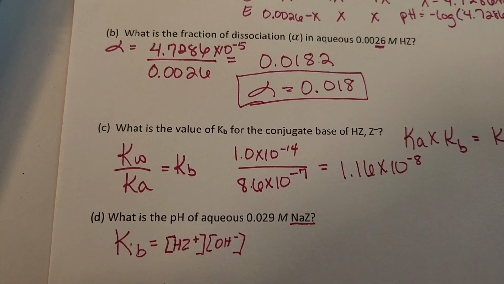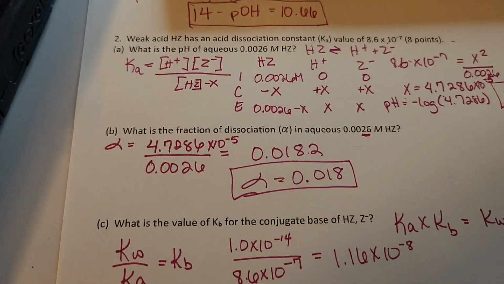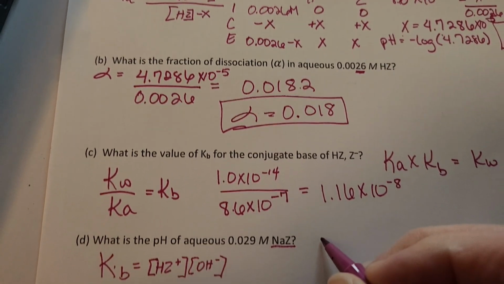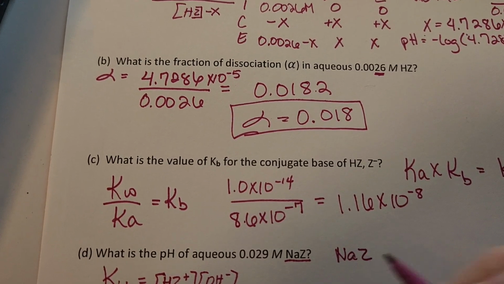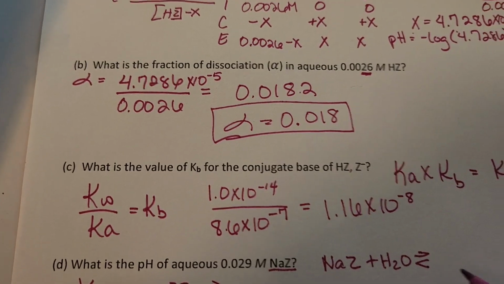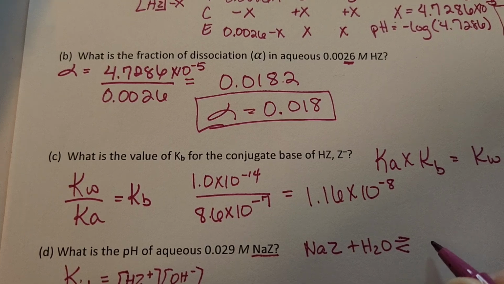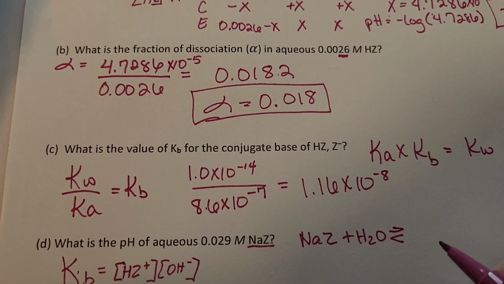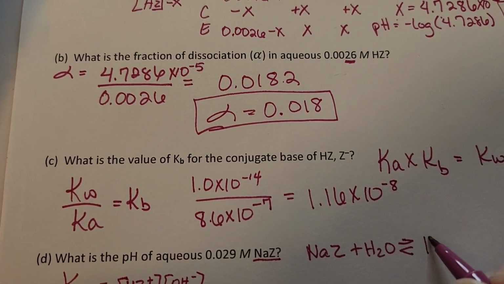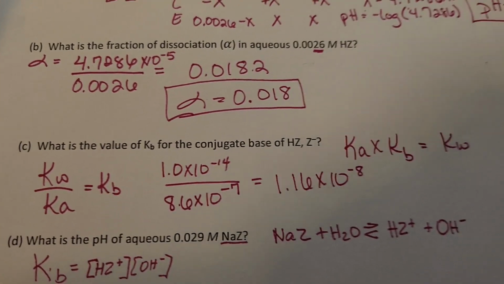And I always find that when you're doing stuff like this with the bases, when you've been working with acids, sometimes it's good to write the dissociation reaction, which in this case would be NaZ plus H2O, and that's going to give you, your H is going to go with your Z. Remember, sodium is a spectator, so it doesn't actually participate in the equilibrium. It dissociates, and then it's just kind of there. So that's going to be HZ plus OH negative.